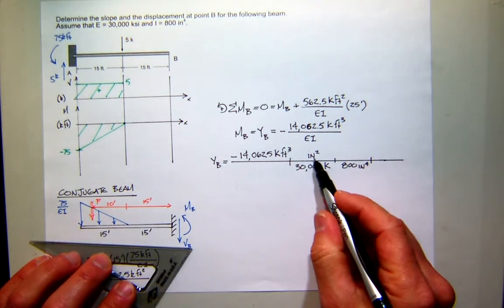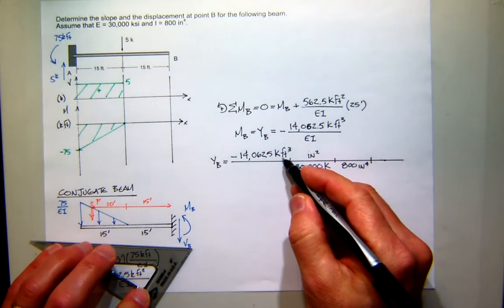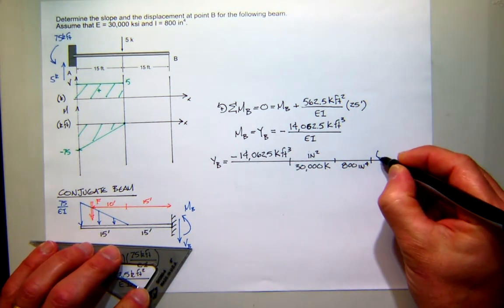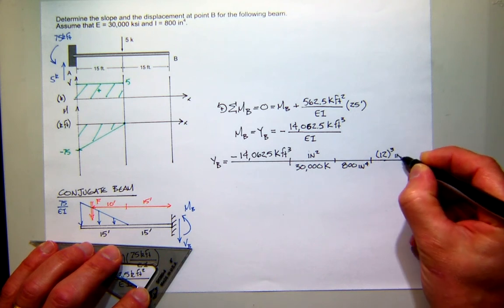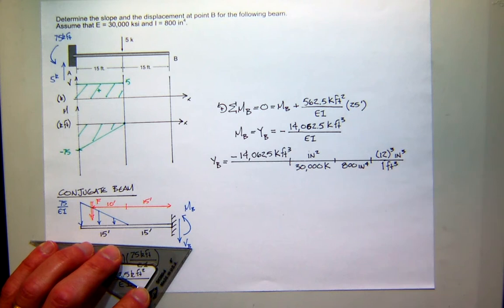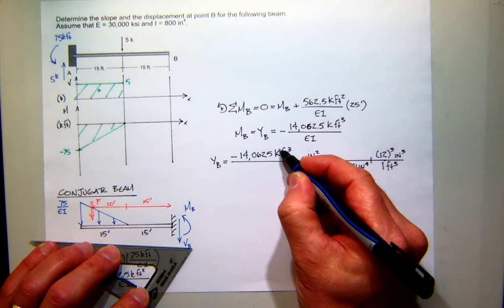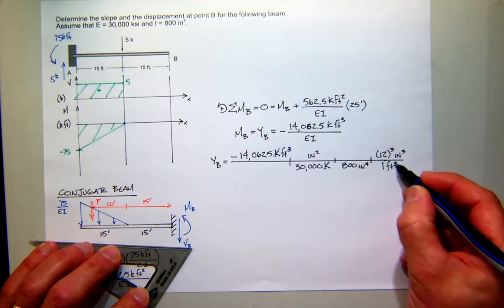Since I've got inches and feet, let's do it in inches. So let's get rid of the cubic feet. So we know that there's 12 cubic inches in 1 cubic foot. Okay? So you can see the kips cancel, cubic feet cancel.